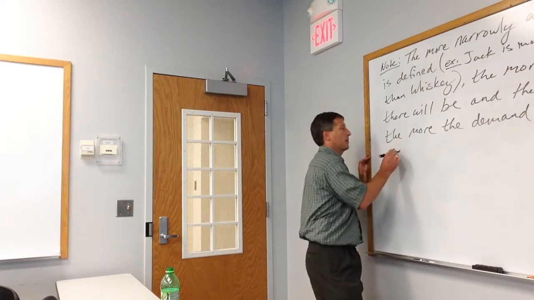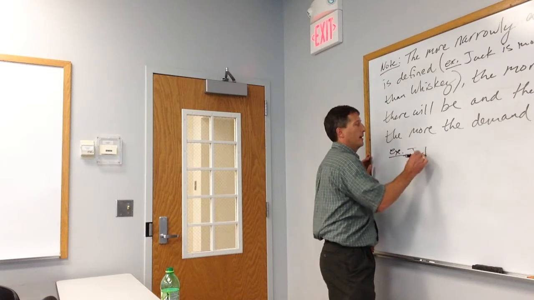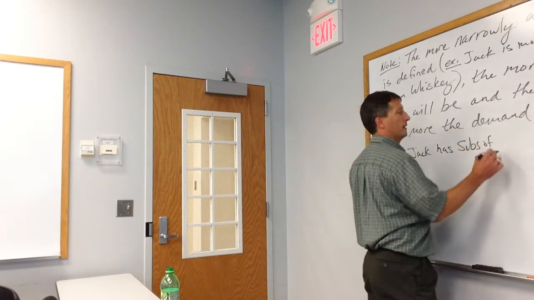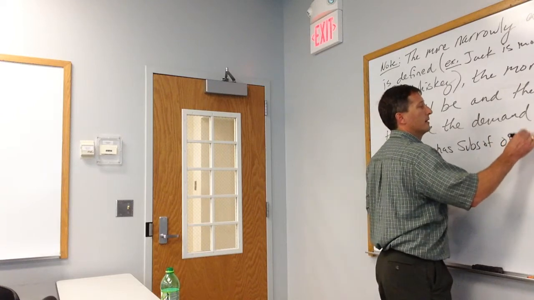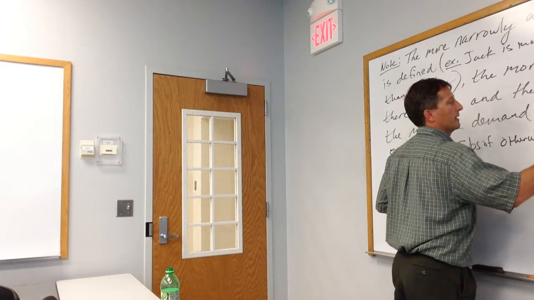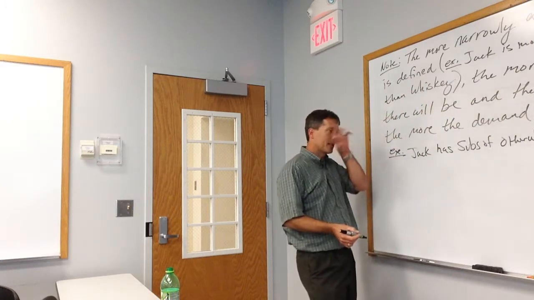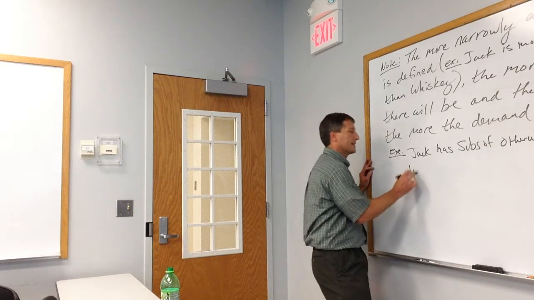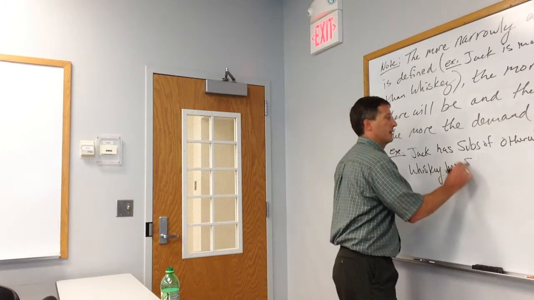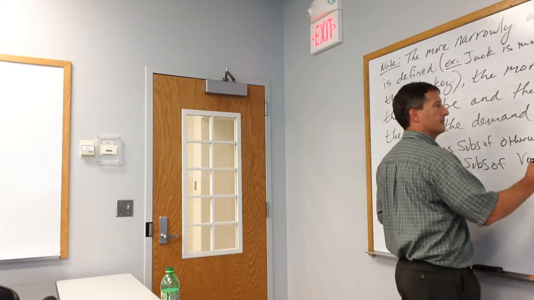So from our example, Jack has substitutes of other whiskey, vodka, and beer. I'll just abbreviate here a little bit, and it may be some other things. Whiskey has substitutes of just vodka, beer, and other things.